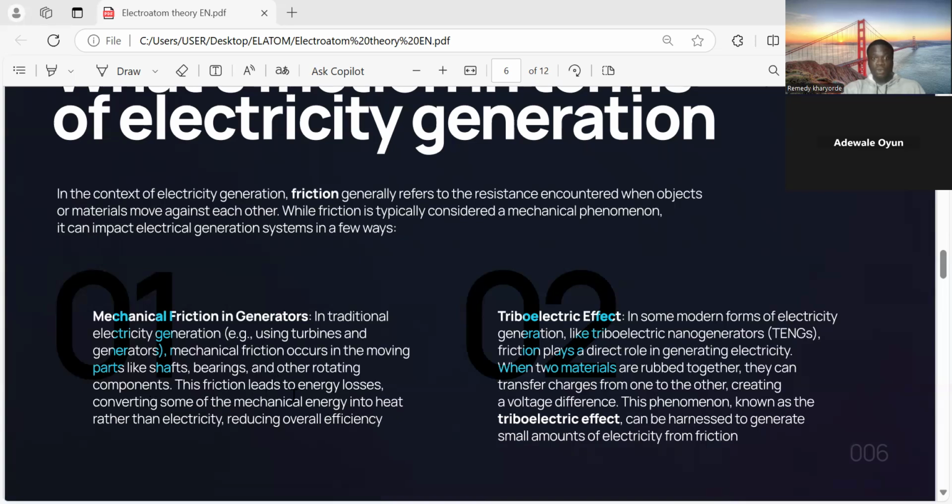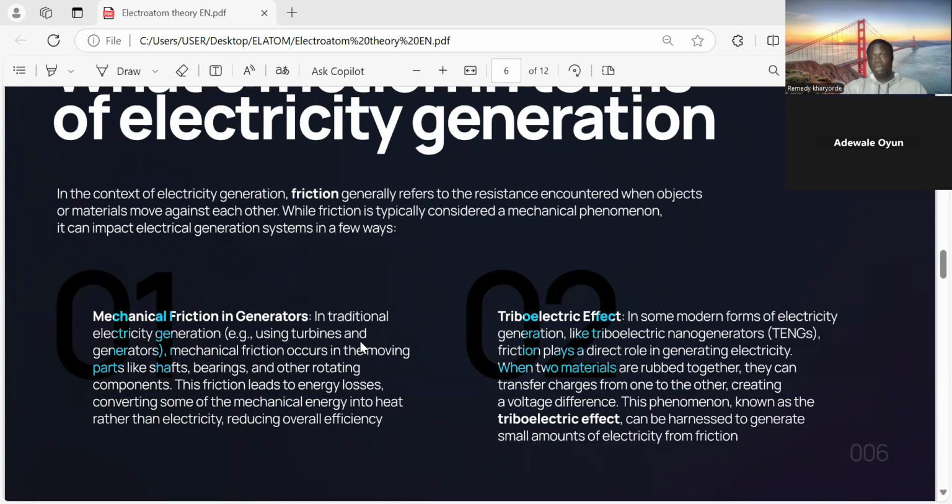So this friction leads to energy losses, converting some of the mechanical energy into heat rather than electricity, reducing overall efficiency. So I'm trying to tell you about the comparison of the mechanical friction in the local generator that we use, and in comparison with the triboelectric effect.